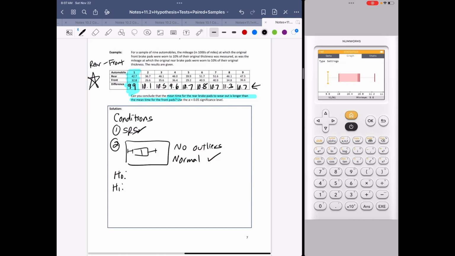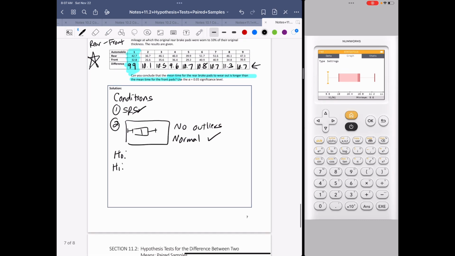If 9.9 had been negative, I would have said less than 0. So for H1, mu of D is greater than 0. H0, mu of D is 0. Mu of D is greater than 0 because the rear is more. When you subtract it, it's going to be positive. You have to think about that sometimes.